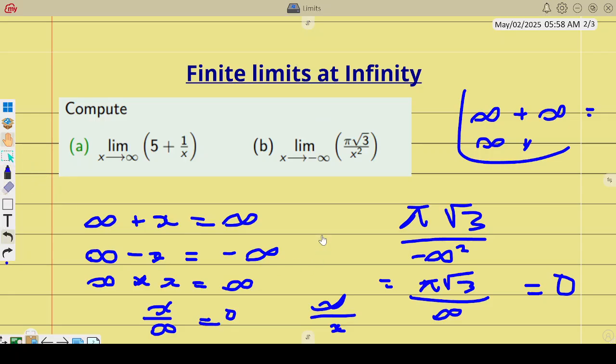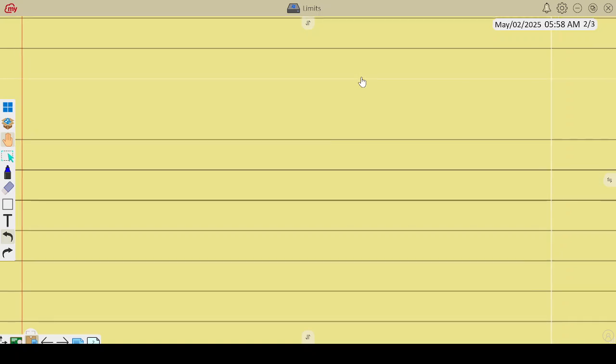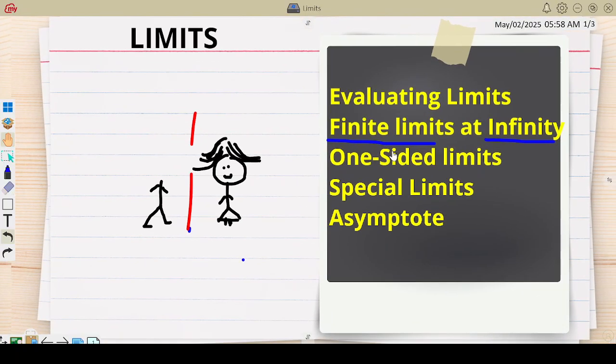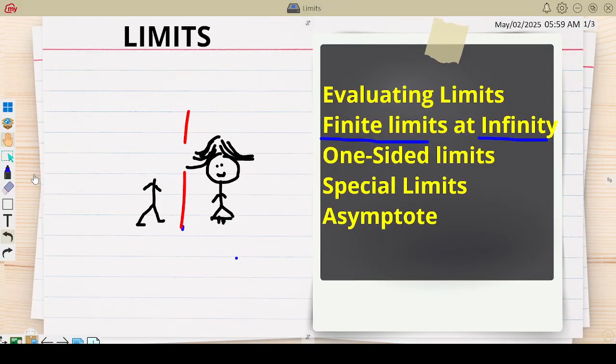Yeah, so now let's go to discussing the other parts. Let us talk about one-sided limits. One-sided limits, what should we know about them?